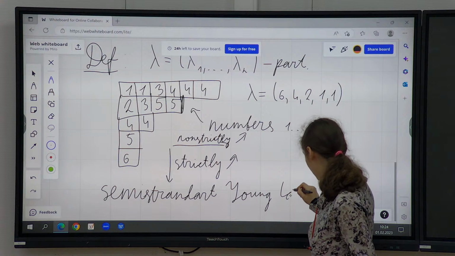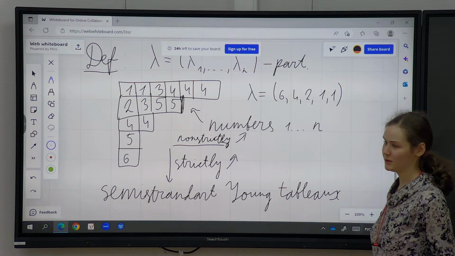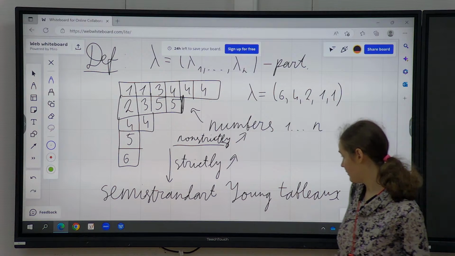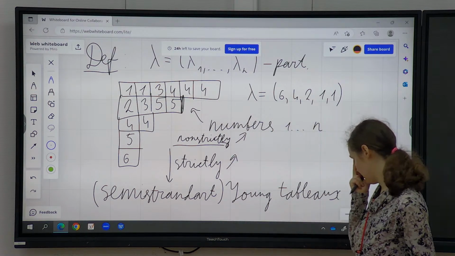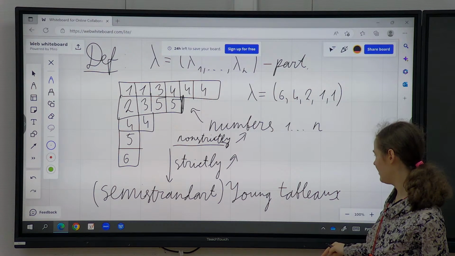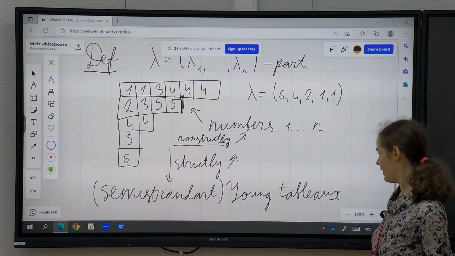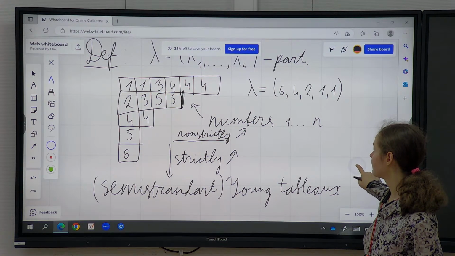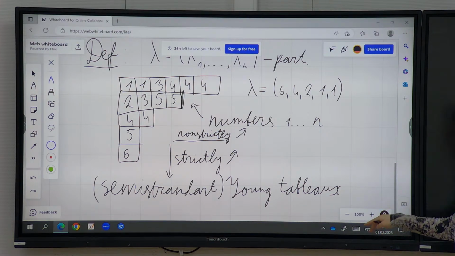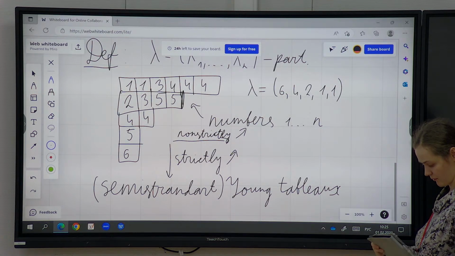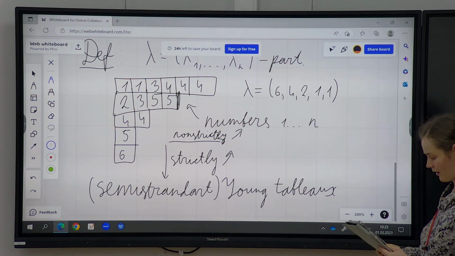Sometimes we say just Young tableaux without the word semi-standard. Okay.